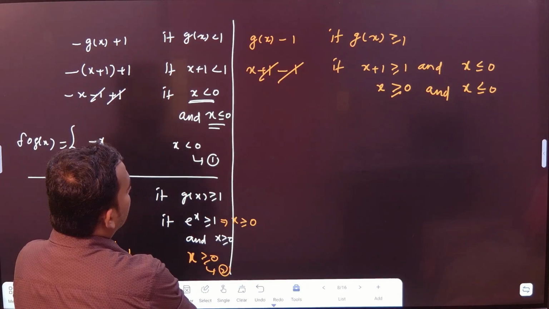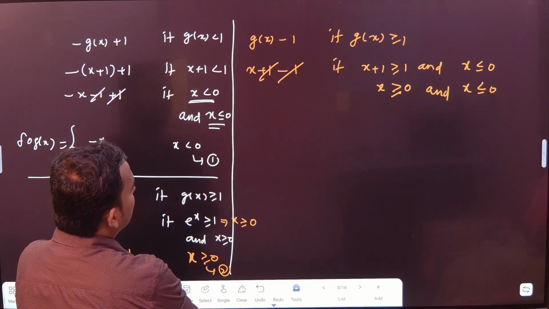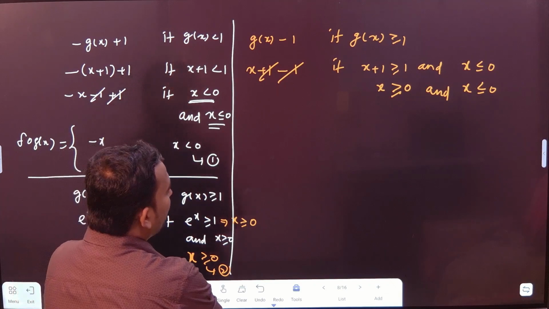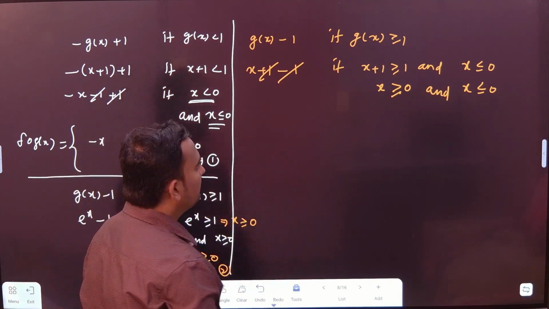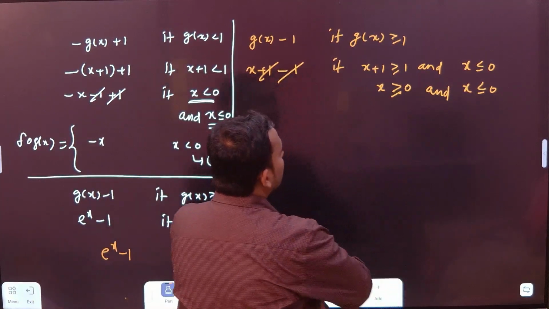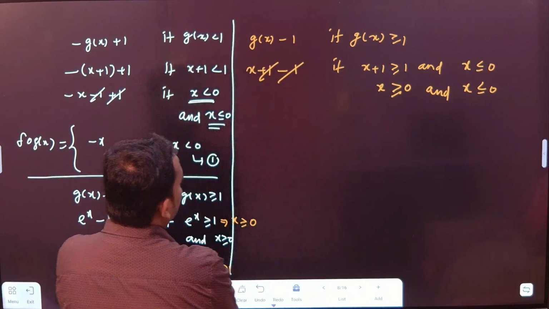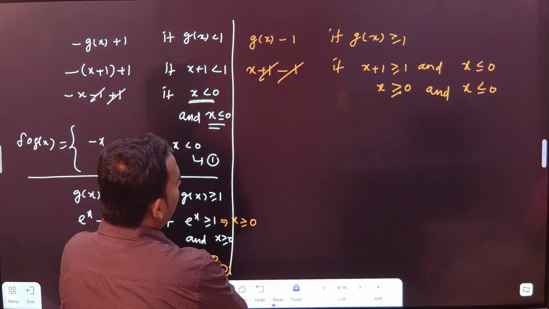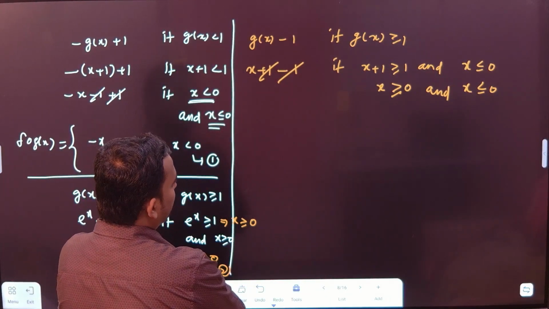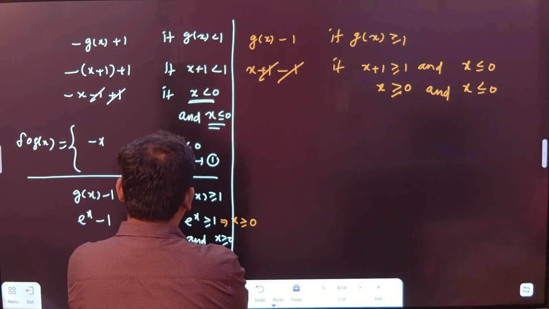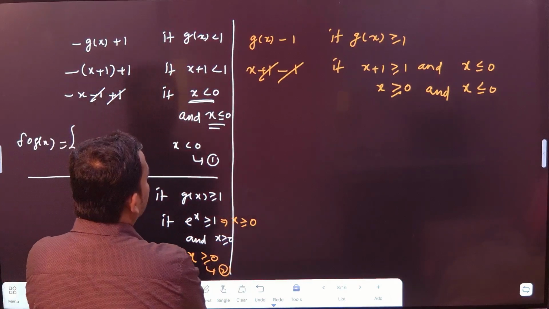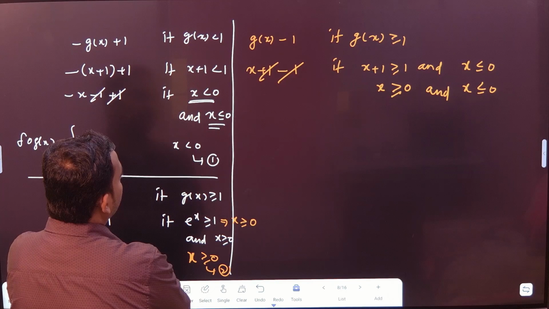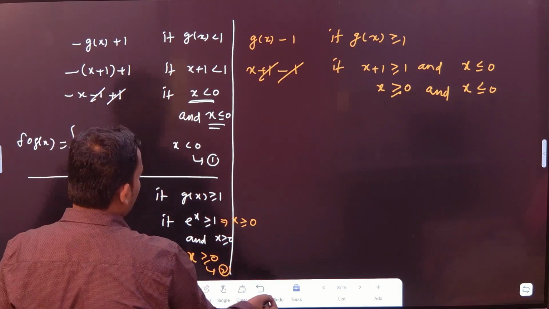x plus 1, x is greater than 0 and x is less than or equal to 0. Will there be any intersection? It's more than 0 and less than 0, right.